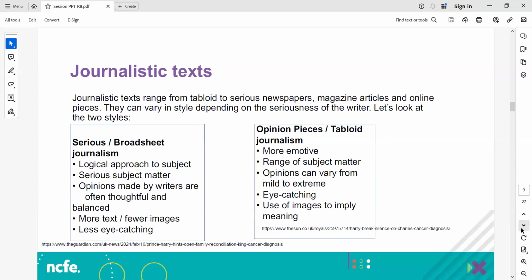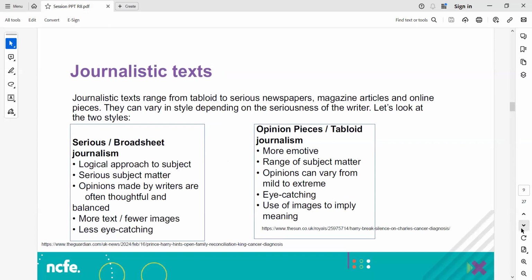Journalistic text, so newspapers and magazines, and these days as well, obviously online versions of these. So these journalistic texts range from tabloid to serious newspapers. So tabloids, The Sun, Metro, Mirror, and so on.